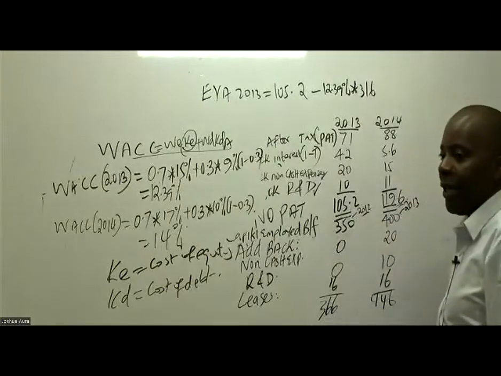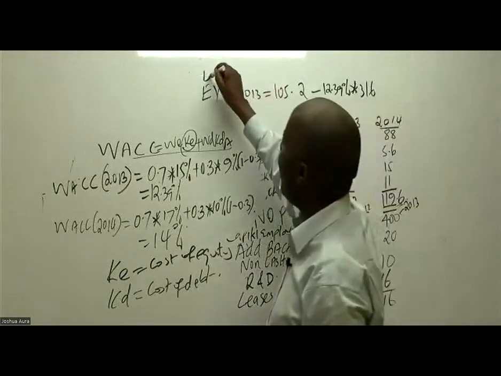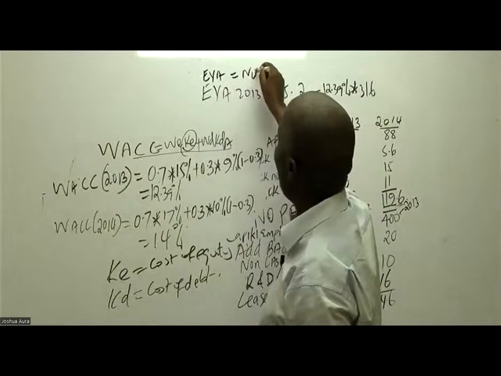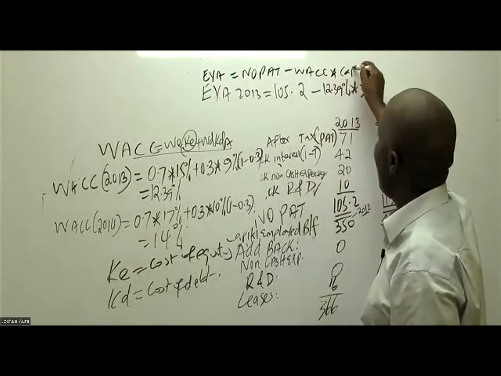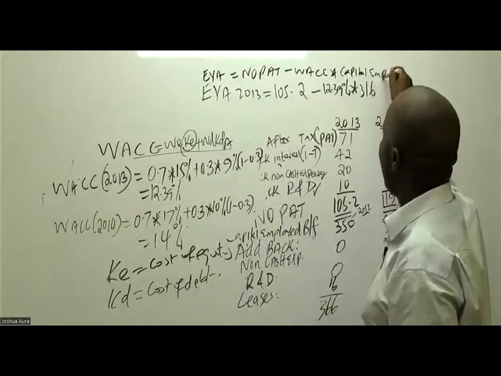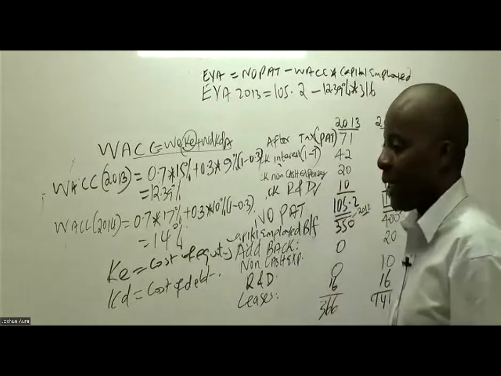Remember the formula of EVA: you take NOPAT minus WACC times capital employed.